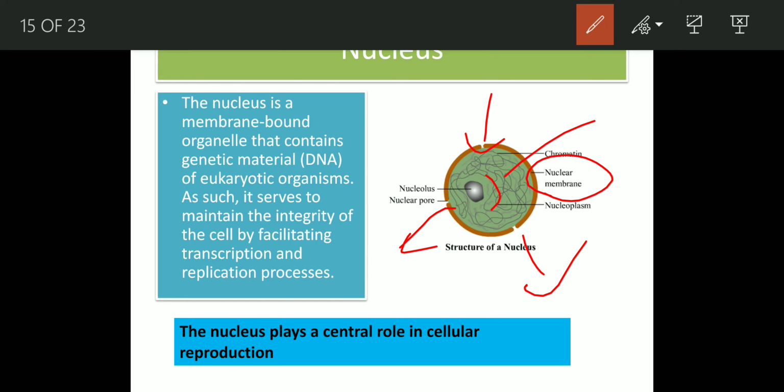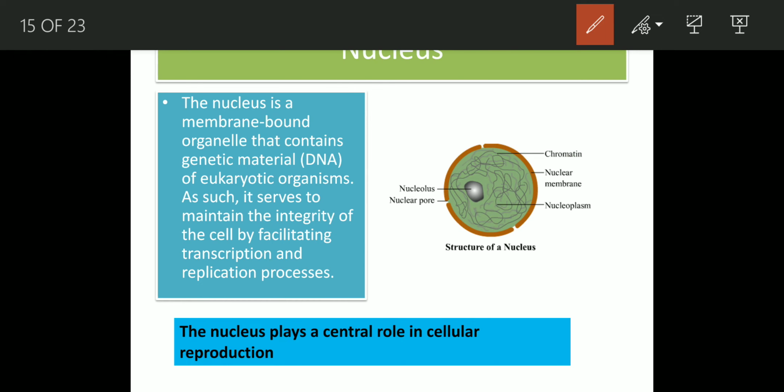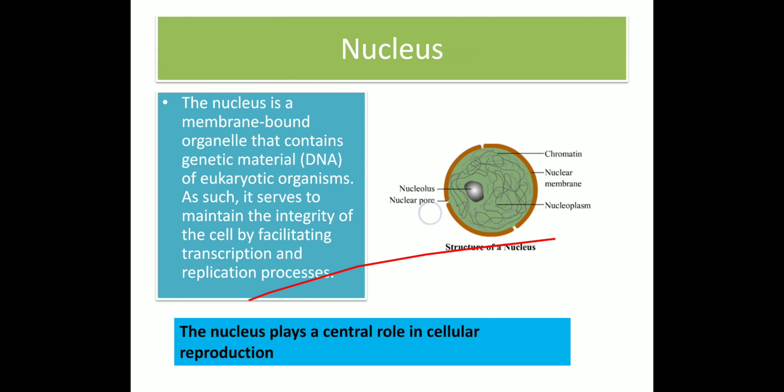These are thread-like structures. Somewhere you may see them referred to as chromosomes or chromatins. What is the difference between chromatin and chromosome? We'll discuss that here. The most important function of the nucleus is cellular reproduction. In reproduction, the chromosomes or chromatin divide into two parts, and are transferred from the parent to the daughter organisms.